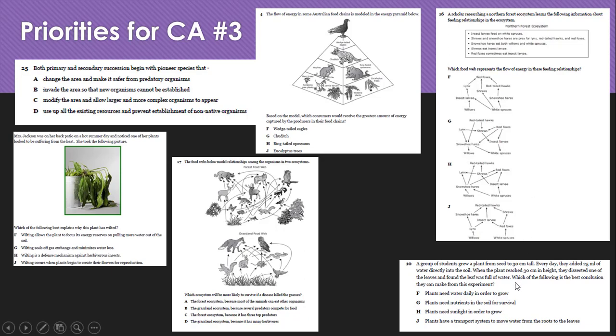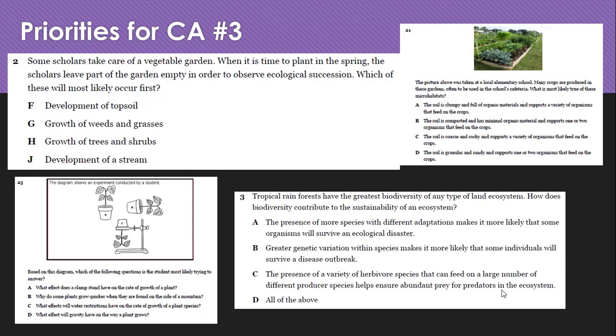At the bottom here we have some more things that involve the behavior of plants. More questions here. Again, we have another in words question about succession. Same thing for over here. Talking a little bit about microhabitats that I did not talk about very much in my previous years teaching this grade level.